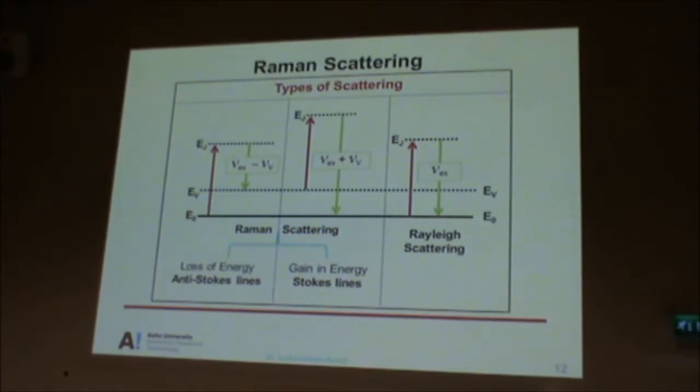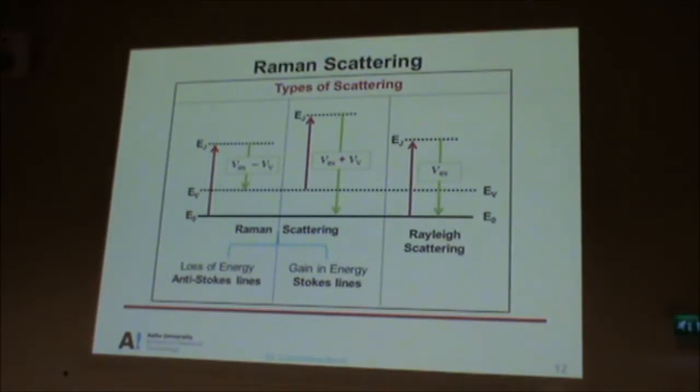Now the incoming light, let's say it has a frequency, which is the excitation frequency. Now when the molecule is getting excited and it is losing the light again to come back to the ground state, sometimes it need not come to the actual ground state where it started. It can come back to a virtual state, which is somewhere in between the excited state and the ground state.